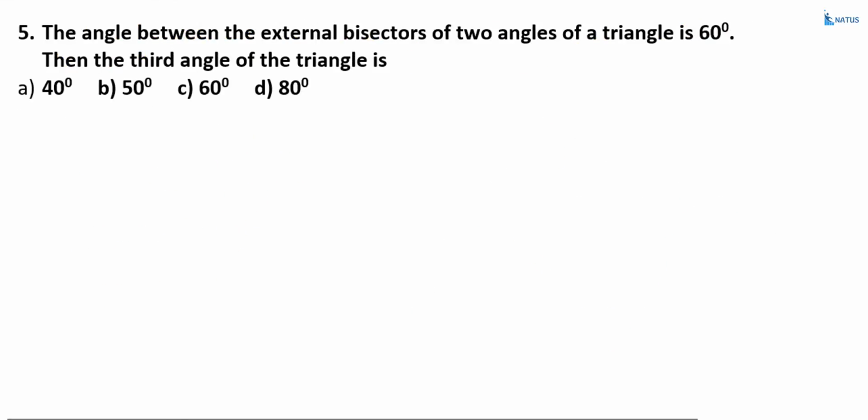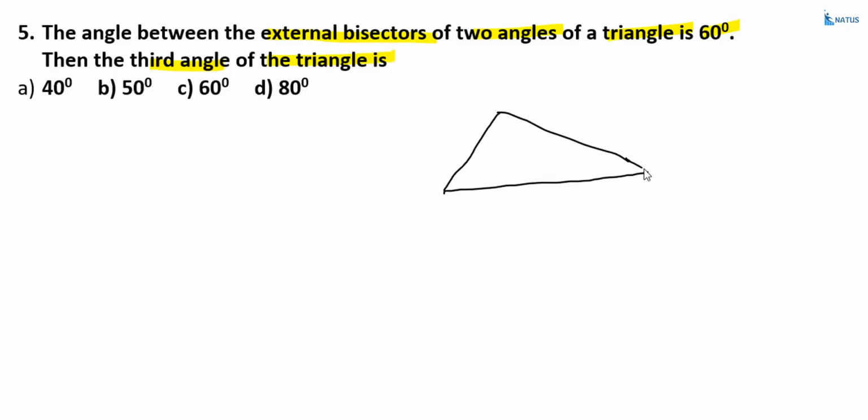Fifth question. The angle between the external bisectors of two angles of a triangle is 60 degrees. Then the third angle of the triangle is? Now, suppose one triangle like this. Suppose one side extended like this and the other side extended like this.